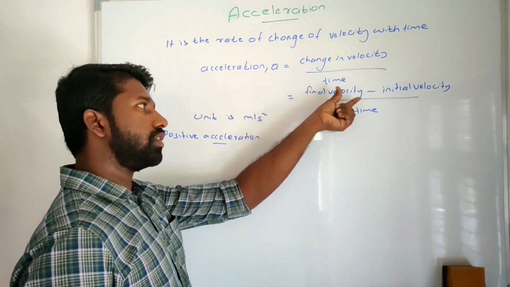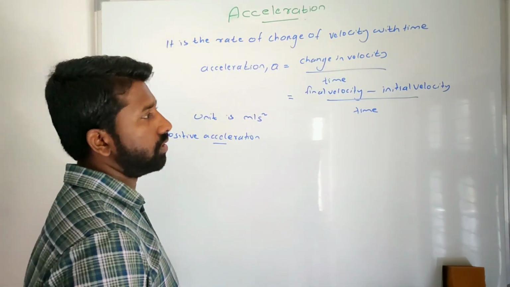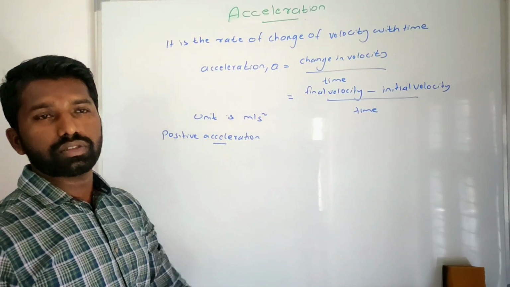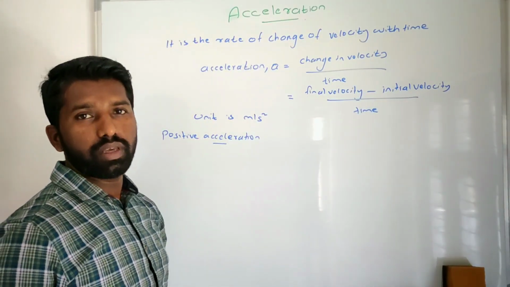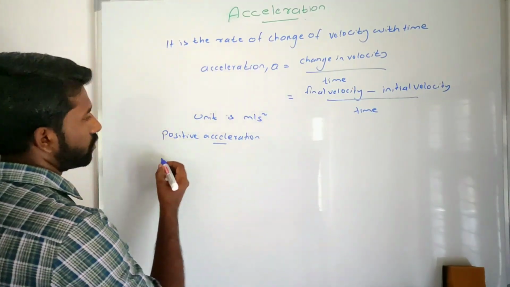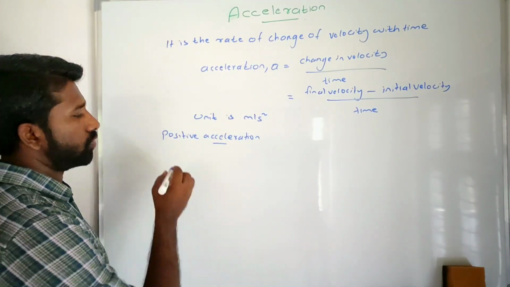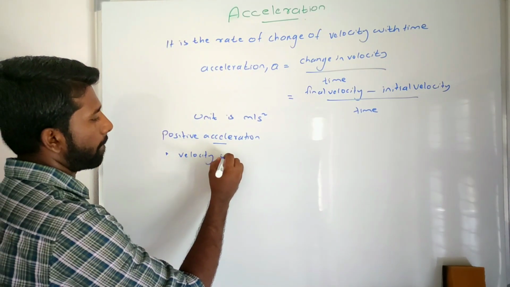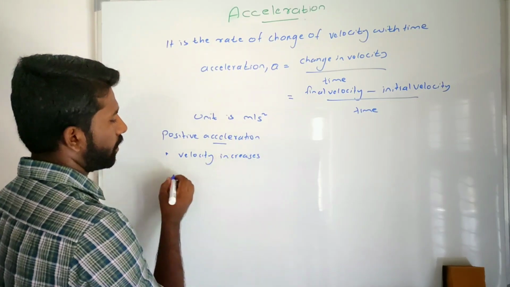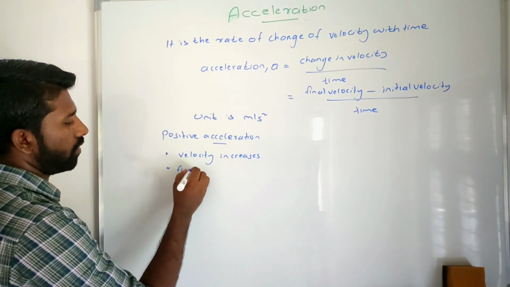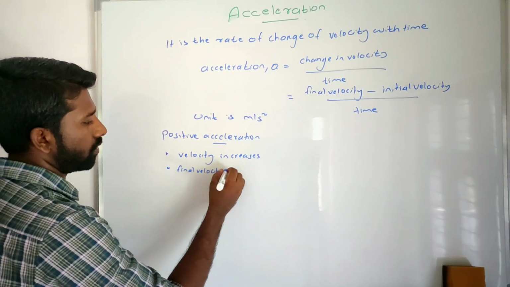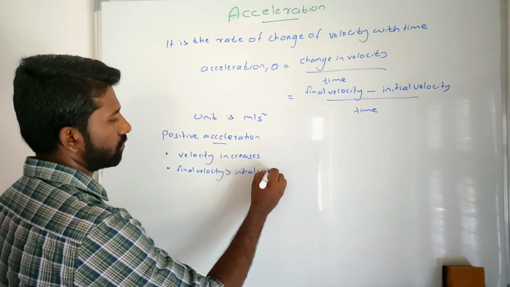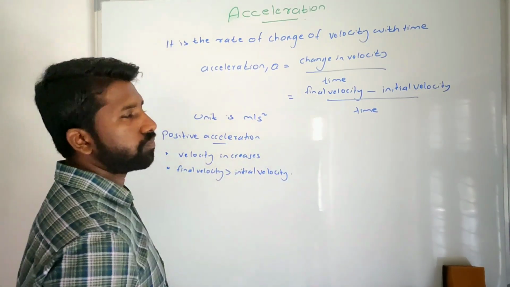If the final velocity is greater than the initial velocity, that means the speed increases, so the acceleration value is positive. Velocity increases, that means final velocity is greater than initial velocity. This is the case of positive acceleration.